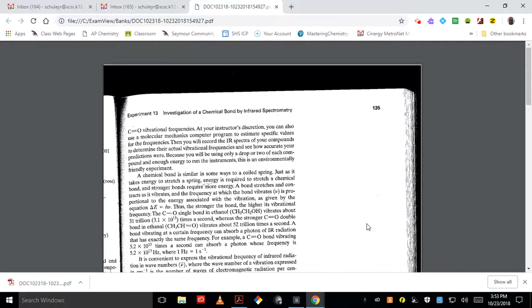You're just going to take the IR of three different compounds, maybe four. Haven't decided yet if it's going to be three or four. You're going to take them and try to rate them as to which one has the strongest carbon oxygen double bond in them.